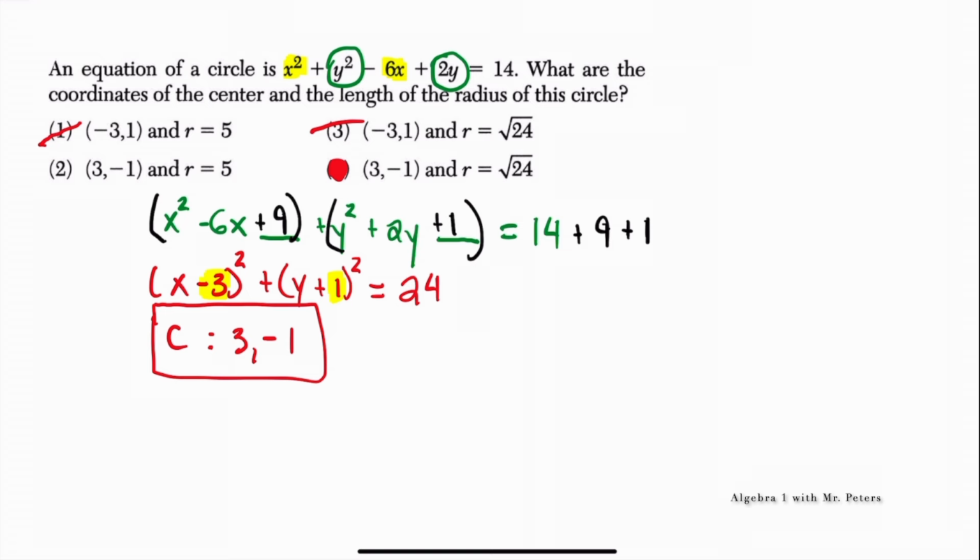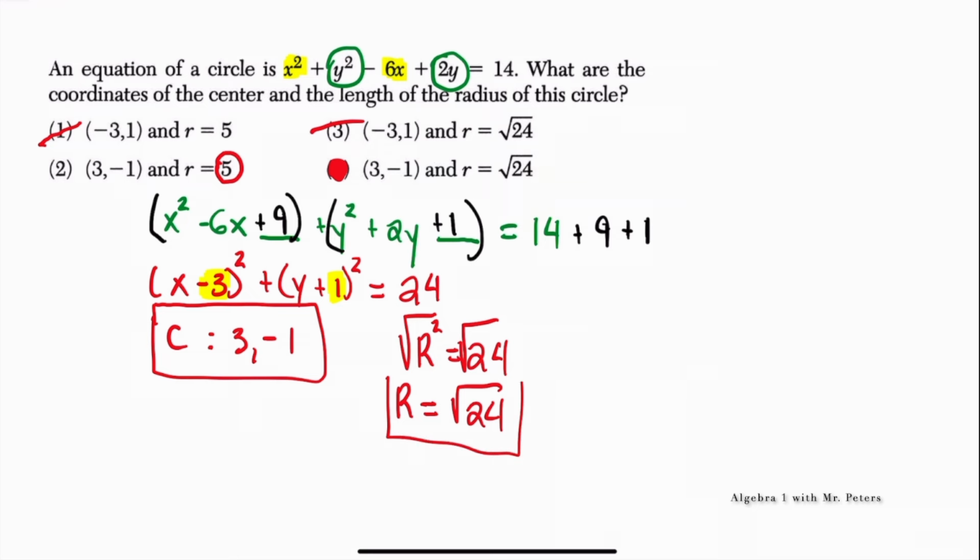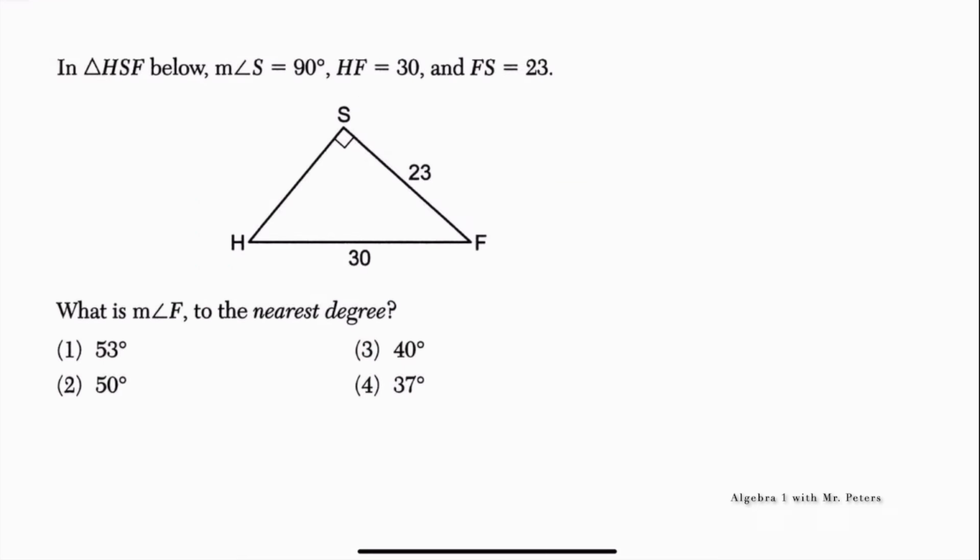The only way that the radius could be 5 is if this 24 was actually 25. So when we do r squared is equal to 24, and then we get rid of the exponent to find r, r is just equal to the square root of 24, which, like I said, is the correct answer in answer choice number 4.